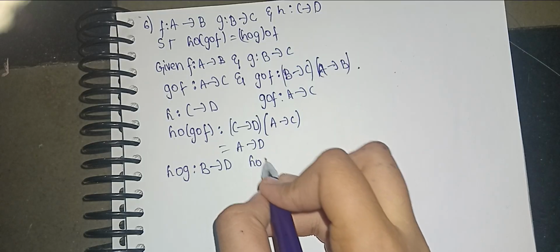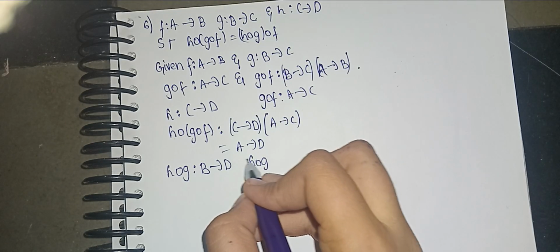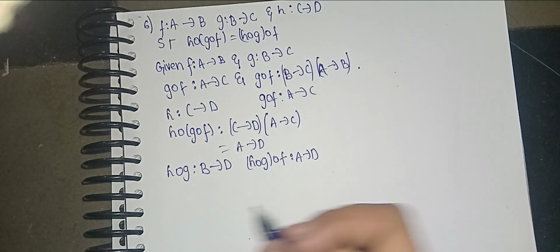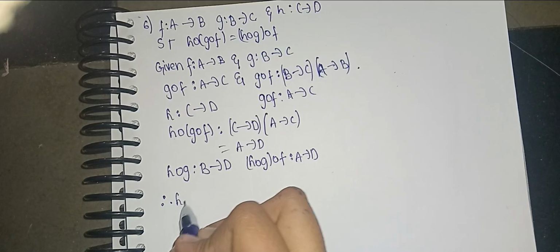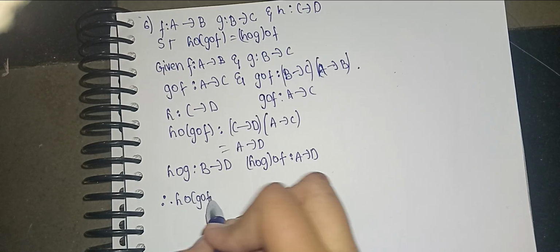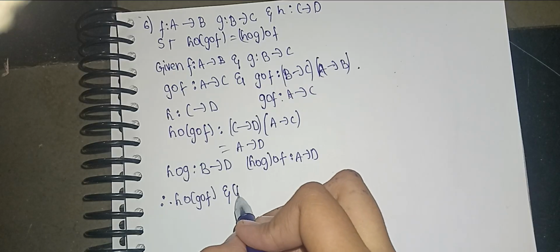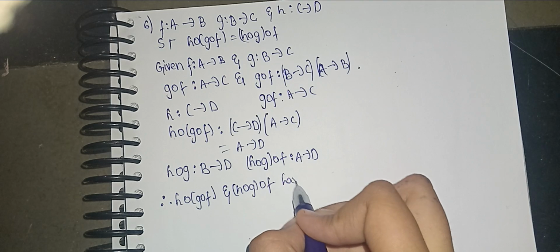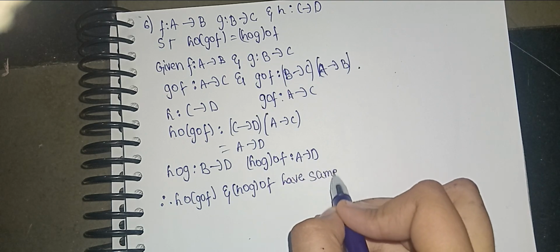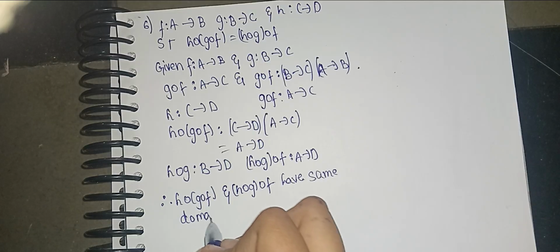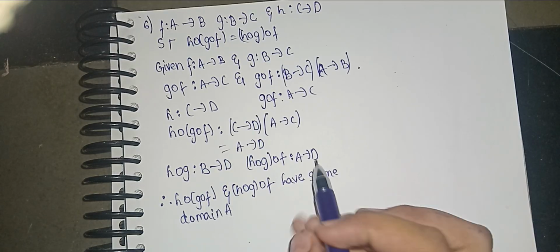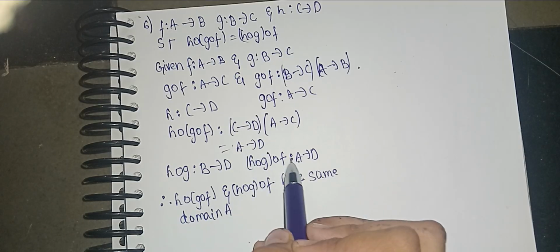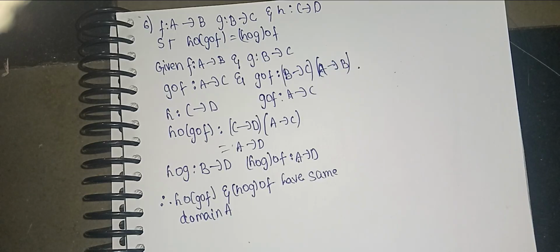Then H circle G whole circle F is A to D in the same way. Therefore, H circle, G circle F and H circle, G circle F have same domain A. See, here also A comes. So they both have same domain.